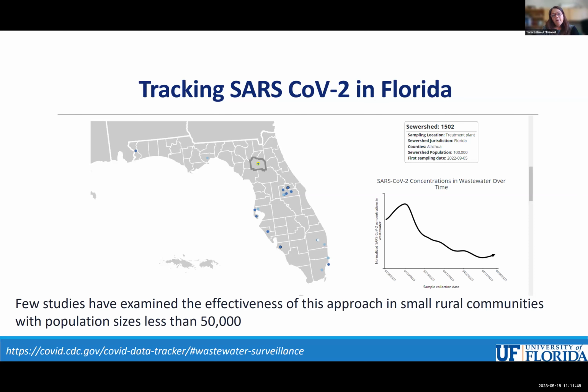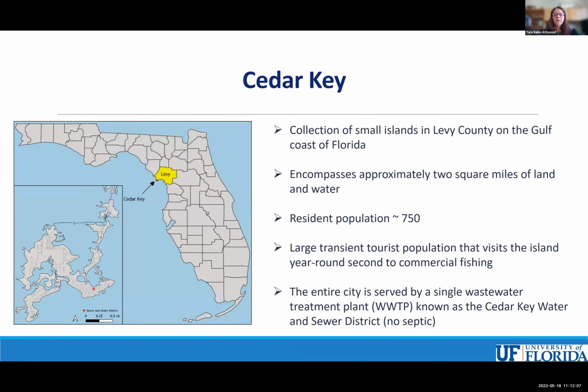But really still now, and at the time that we were doing this, few studies had examined the effectiveness of wastewater-based epidemiology and the application of this approach to small rural communities with population sizes that are less than, let's say, about 50,000 people.